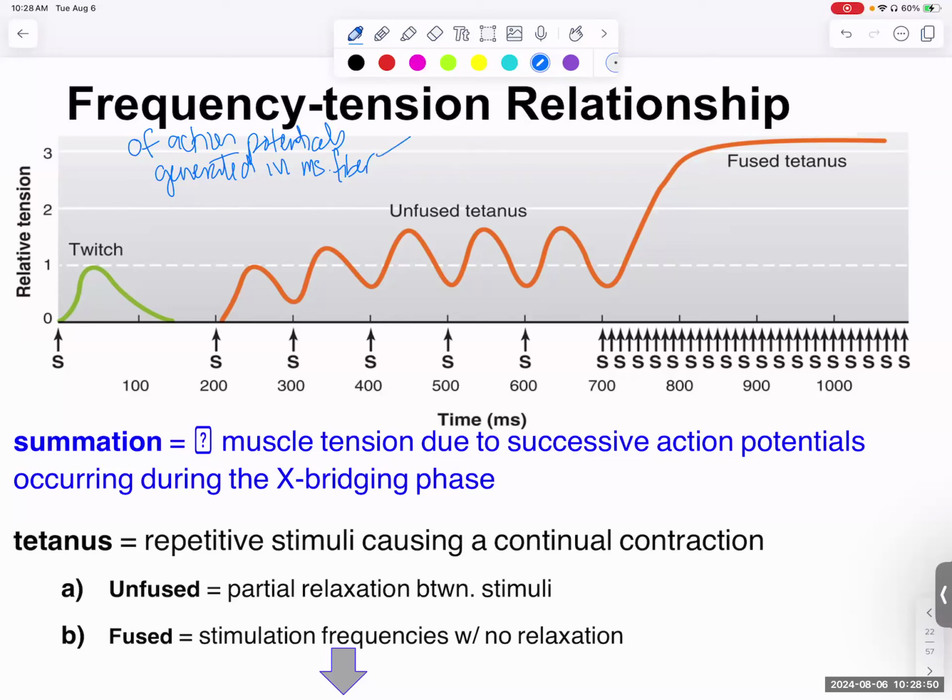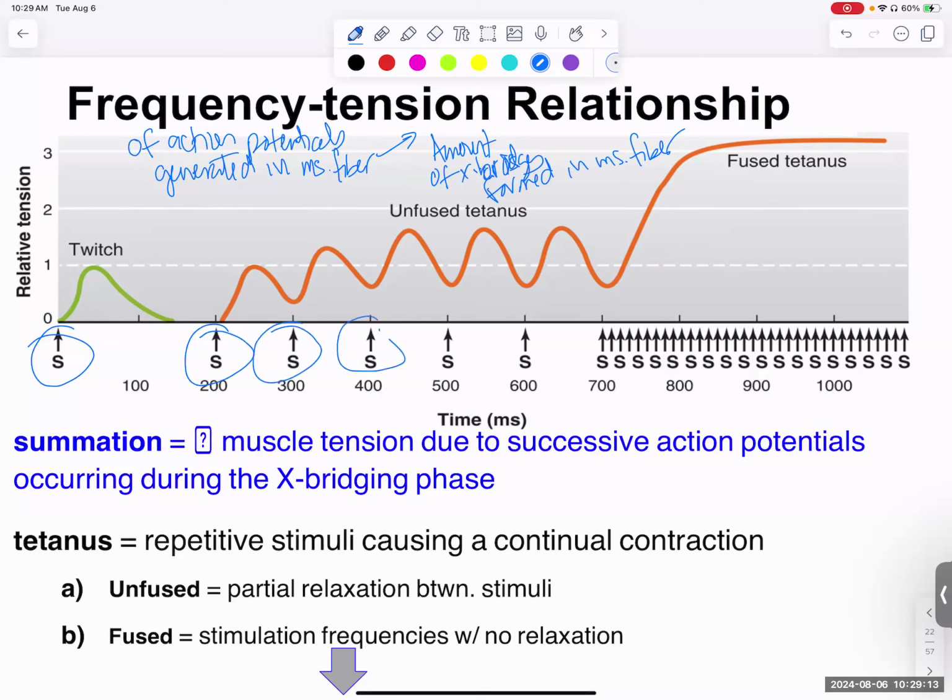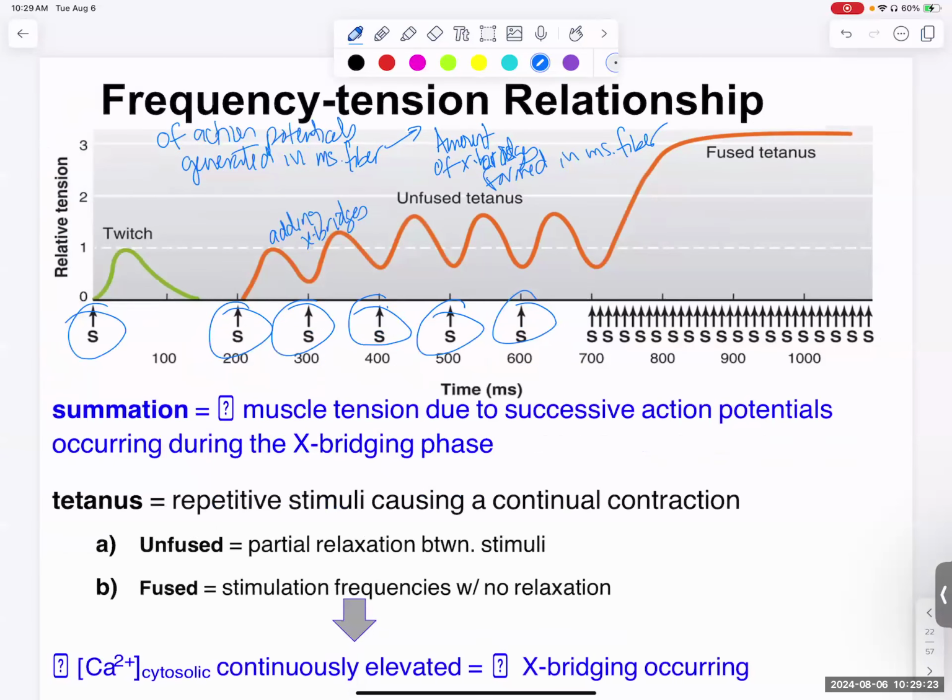That is going to then determine the amount of tension, which is essentially the amount of cross bridges formed in the muscle fiber. So you can have action potential, action potential, another action potential, another action potential, and it's just adding cross bridges, which means the force goes up, right? You have more cross bridges, you have more force.